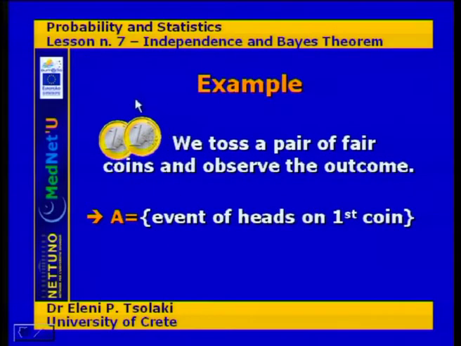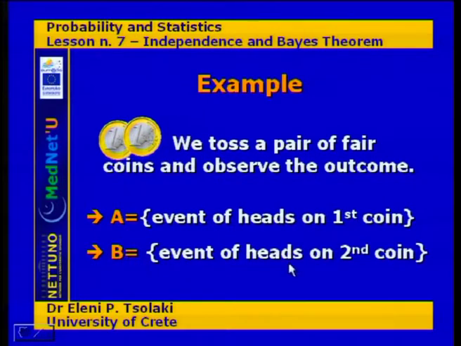So if we perform this experiment, we toss a pair of fair coins and observe the outcome. We denote by A the event of heads on first coin. Also by B, the event of heads on second coin.